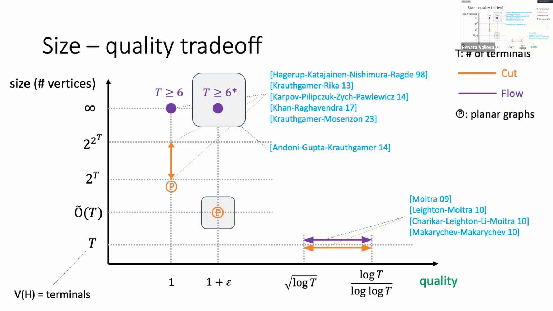We allow 1+ε, a very small error, but we achieve almost a minimum of this condition. For general graphs, it's wide open, even this intersection is not ruled out. That's about the results.